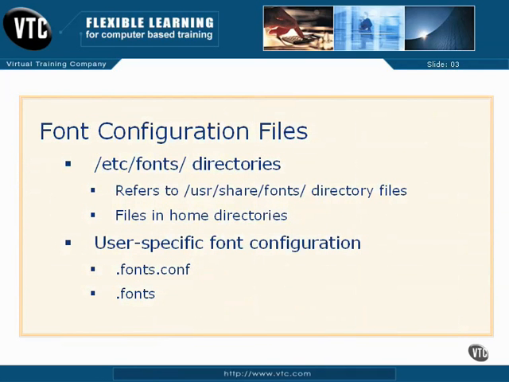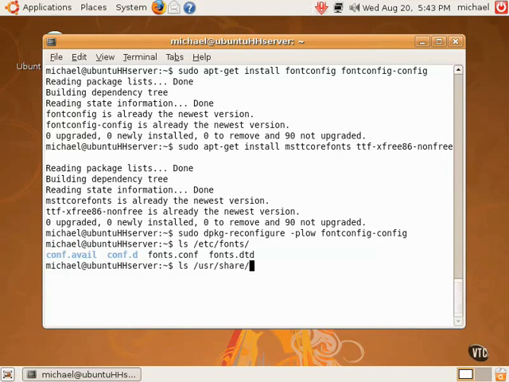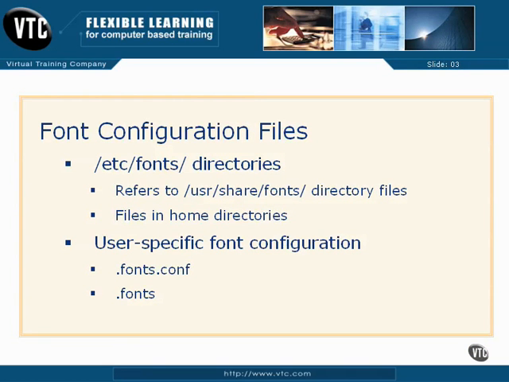Font configuration files are stored in the /etc/fonts directory. If you read through some of these files, you'll see references to files in the /usr/share/fonts directory, as well as user-specific font files in user home directories.